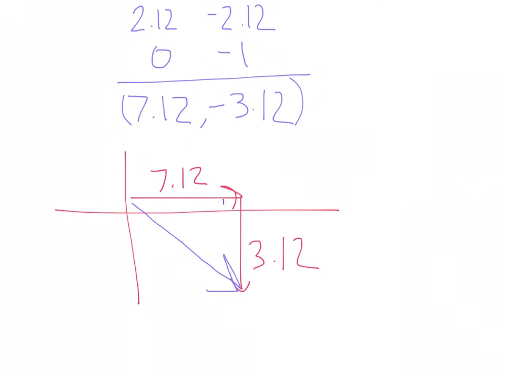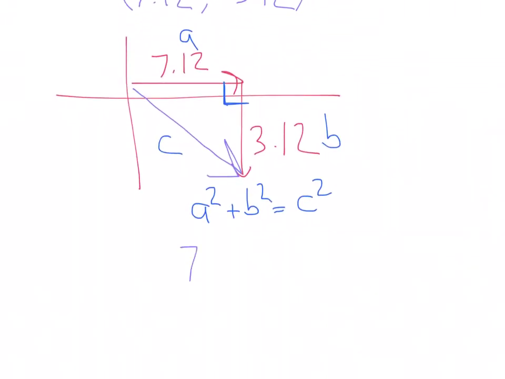Easy enough. All we do, since this is a right triangle, is we use a squared plus b squared equals c squared, where this is a, this is b, and that's c. It's the Pythagorean theorem. So we write that out.